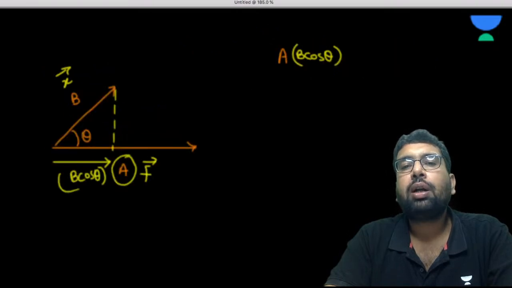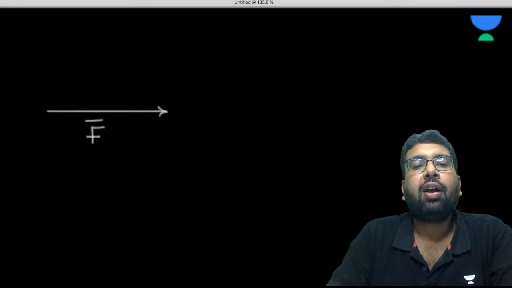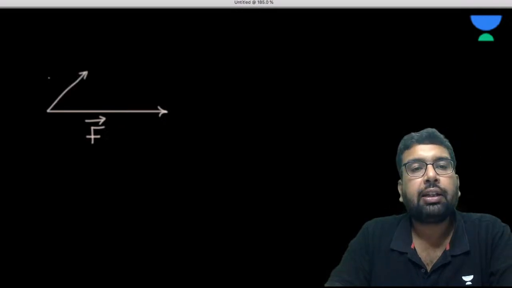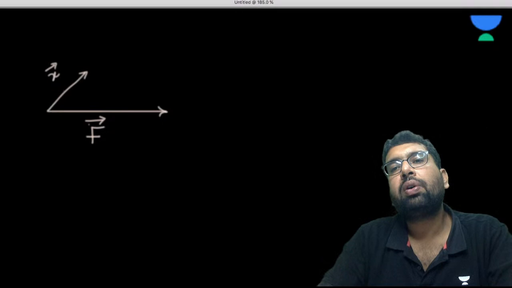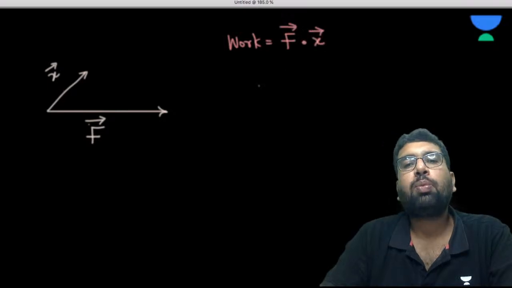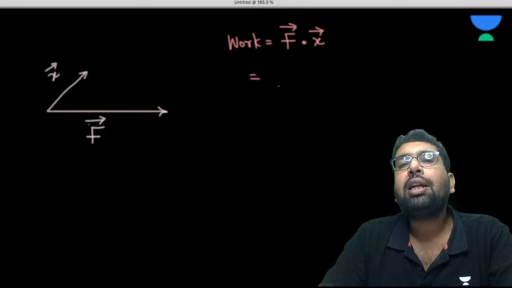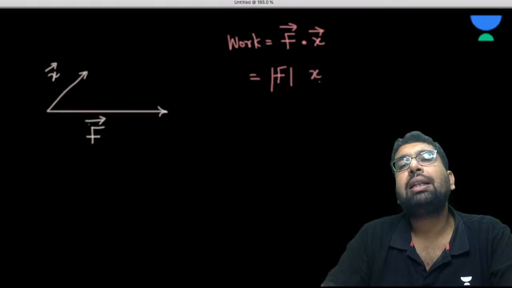Let me explain again. Suppose this is vector F, and this is vector S. This is force, this is displacement. If you want to get the work, work is the dot product of force and displacement. By the definition of work, it is the magnitude of the force and the magnitude of the displacement in the direction of force.